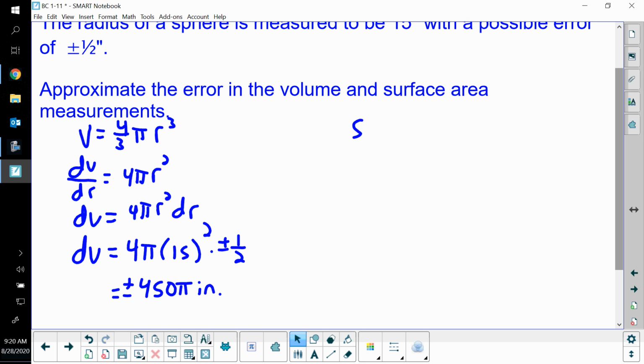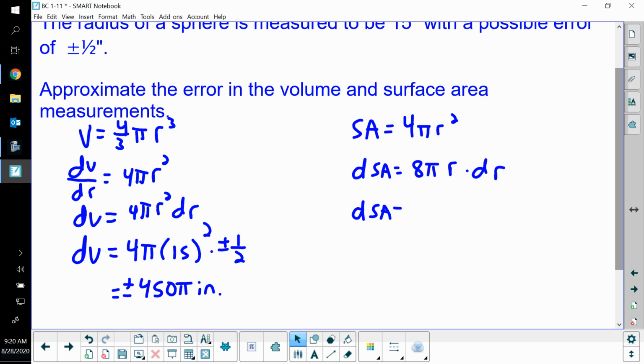Now going over to the surface area, hopefully you remember surface area of a sphere formula is 4 pi r squared. So I'm going to skip a step. When we take the derivative and then multiply the dr over, we'll have derivative of surface area is equal to 8 pi r, and then eventually times the dr over there.